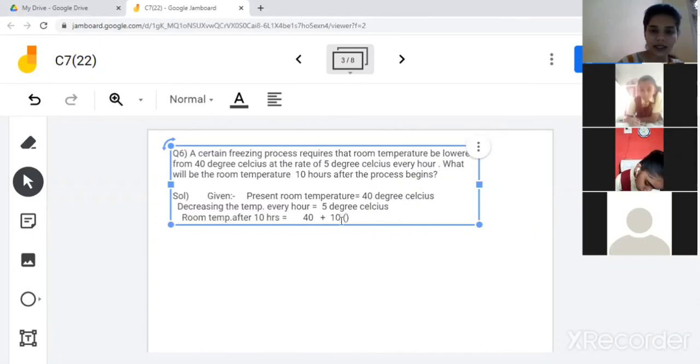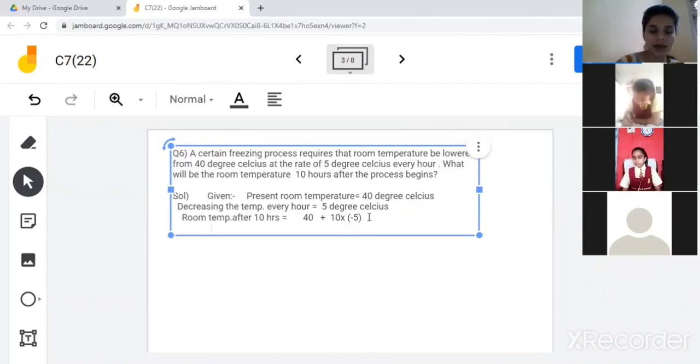Why is it like this? Because decreasing of the temperature we represent by a negative sign. So each hour it gets decreased by 5 degrees Celsius. So after 10 hours, 10 multiplied by minus 5. So at last 40 plus 10 multiplied by minus 5.